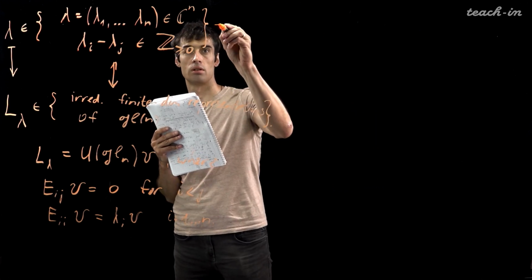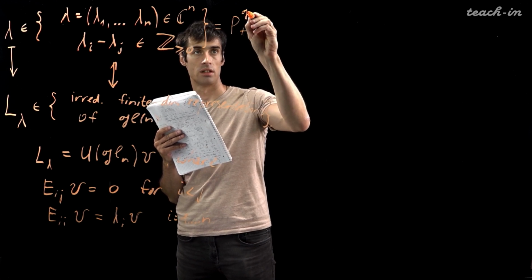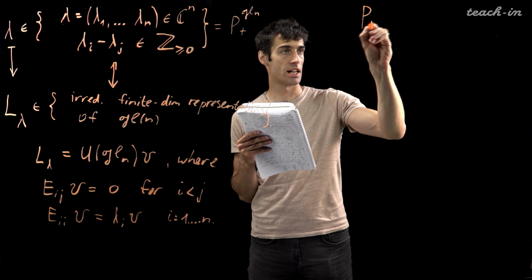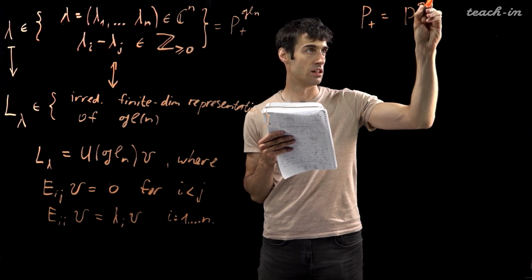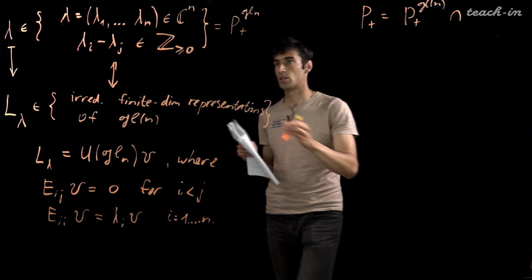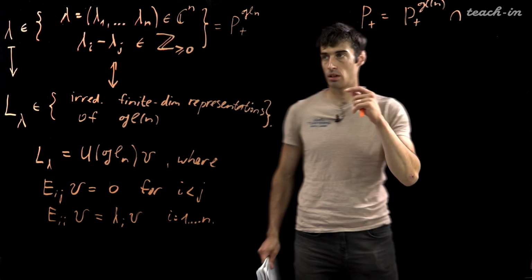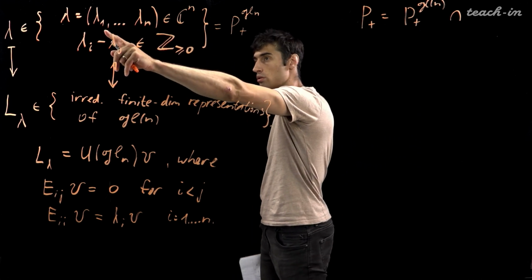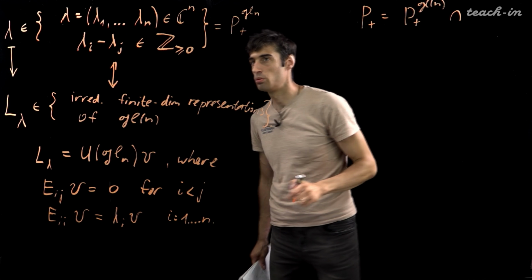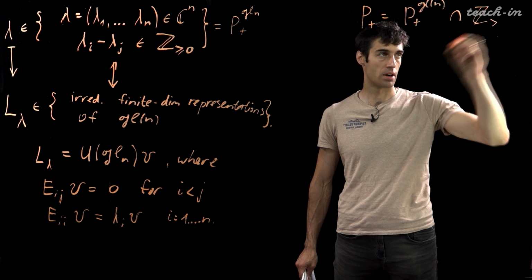So if this set we denote as P plus of GL_N, we consider the set P plus, intersected with, so we're not taking some lambdas from C^n, but we would like also all these lambda_i to be integers, and also non-negative integers.